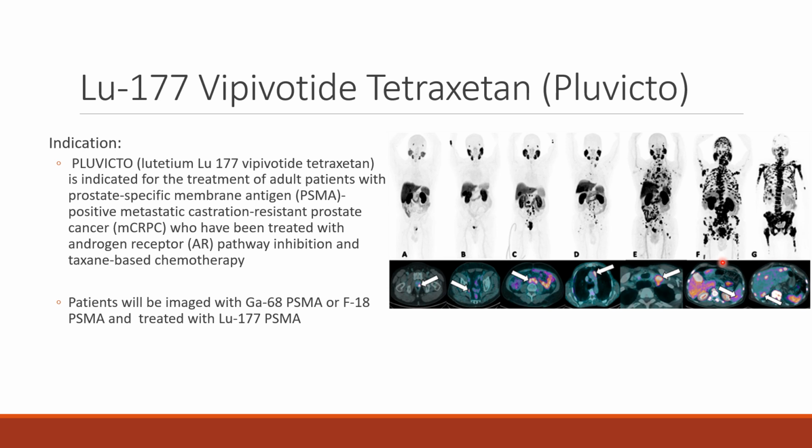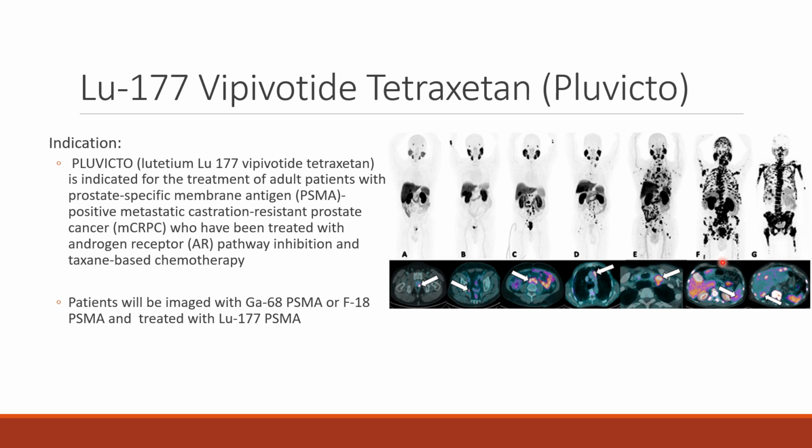And those lesions are taking up PSMA. So very specific indication. It's not for patients that are first diagnosed with prostate cancer. This is patients who have had surgery, they've had chemo and or radiation, and their cancer has come back or has already spread to other areas by the time they found it.